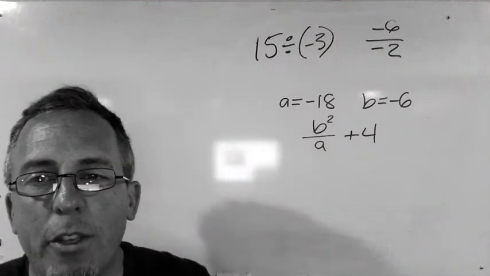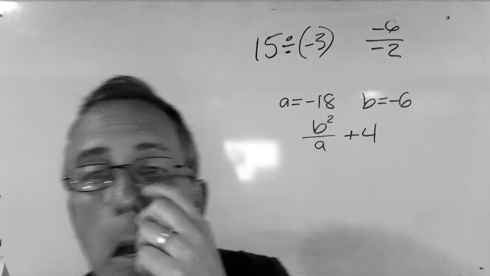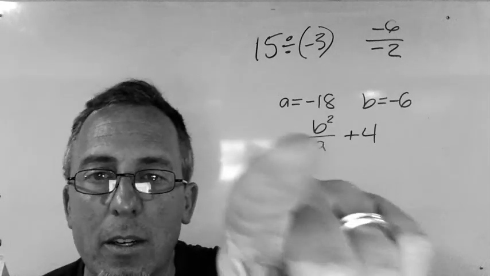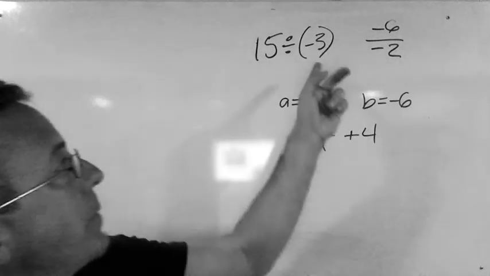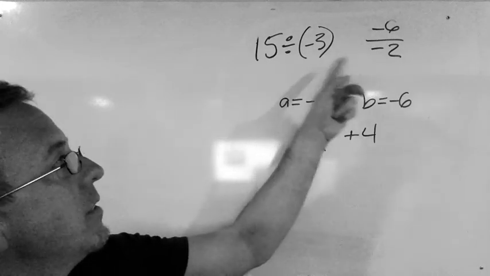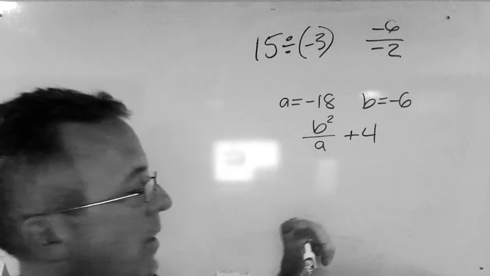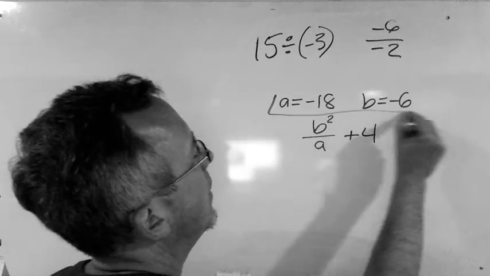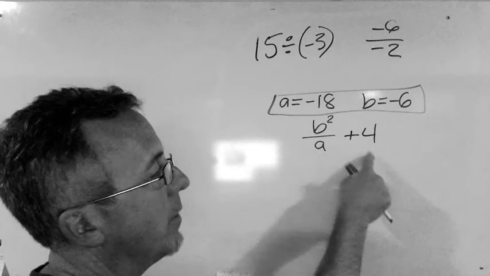All right, I thought of 3 problems. Here we go. Again, you are going to pause here. All right, after I think about the problems, you copy the 3 problems down. So we have 1, 15 divided by negative 3 in parentheses, negative 6 divided by negative 2. Here we have the values of a and b, and then b squared divided by a plus 4.